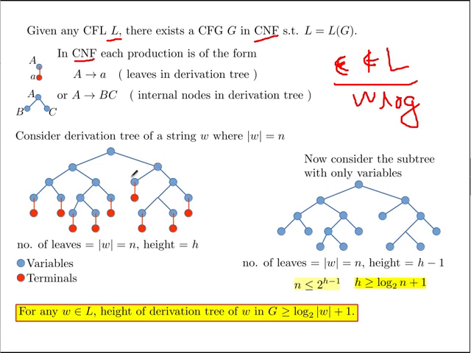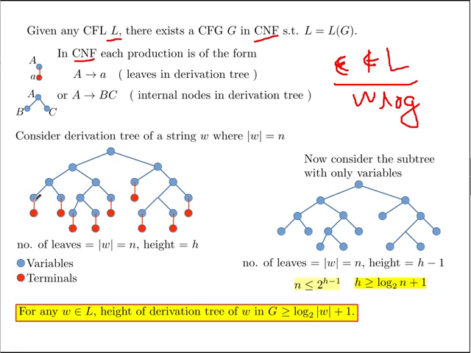So one variable is broken down into two variables, and at the very last step, these red dots are terminals. Okay, so these blue dots are variables. So all the leaves are terminals, right? So in a derivation tree, the leaves are precisely the terminals, and since we are taking CNF, there is no epsilon production, and so there is no epsilon in this red dot. So these are just terminals.